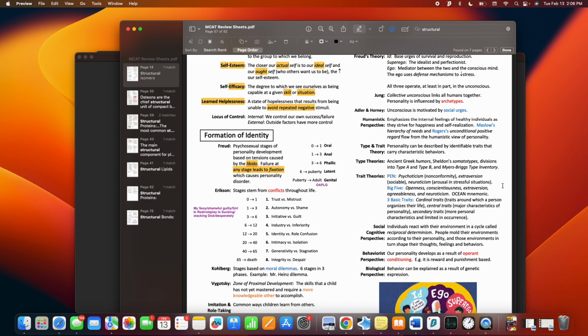My sexy girl in red is isolation versus intimacy, stacking, stagnation versus generativity, dick, despair versus integrity.